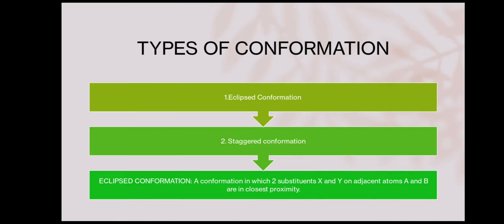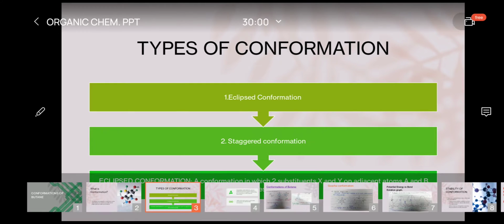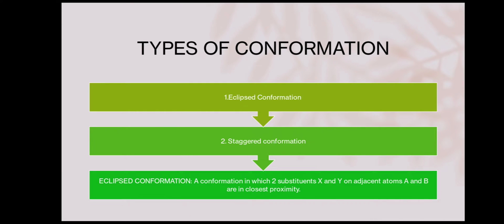Eclipsed conformation means a conformation in which two substituents X and Y on adjacent atoms A and B are in closest proximity. What the definition is trying to say is that the arrangement of the atoms is such that one atom hides the other one.